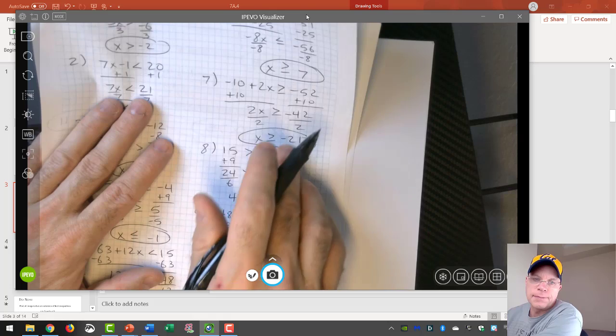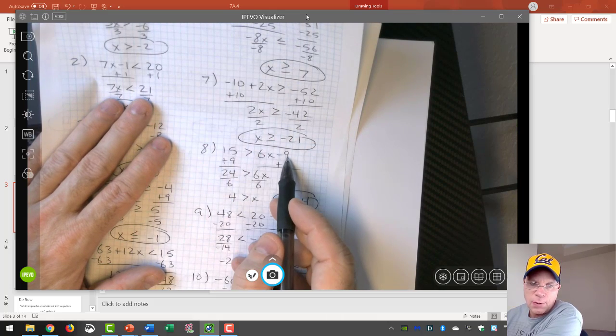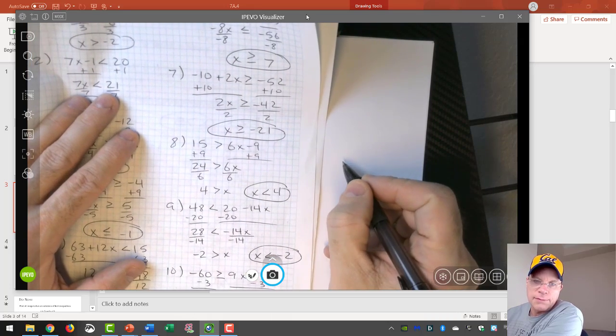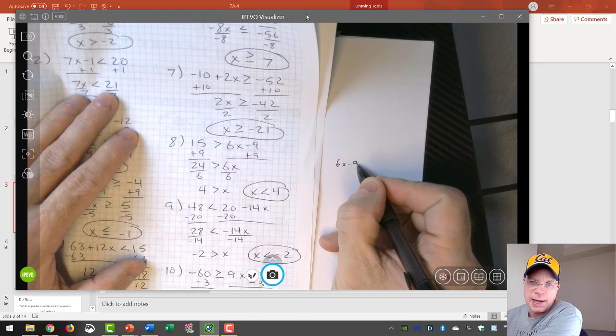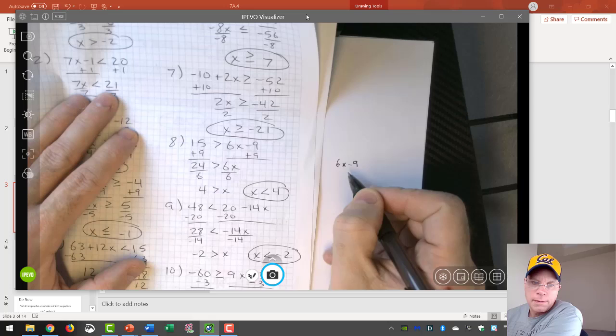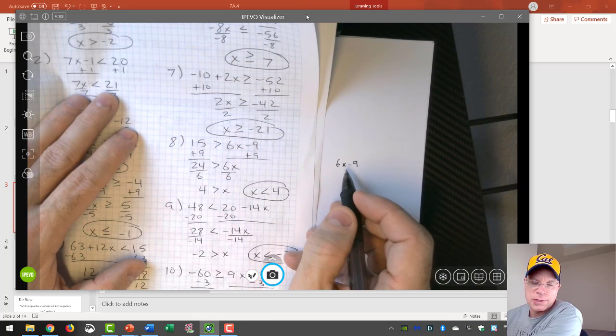Now, number 8, the variable expression is on the right side of the inequality. Some students like to rewrite that, and if you rewrite that, here's how you do it. 6x minus 9. You don't flip anything in this expression, you just copy the expression.